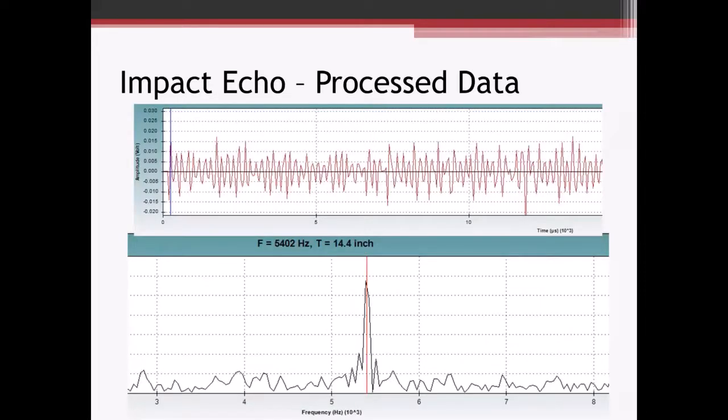This image right here is actually data that I collected in the field about a month ago, and you can see the frequencies up here. Fairly consistent frequency, right?